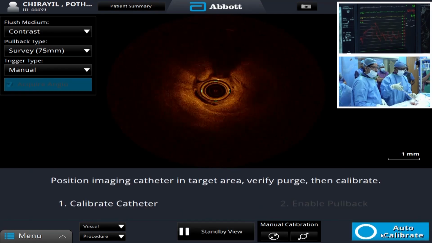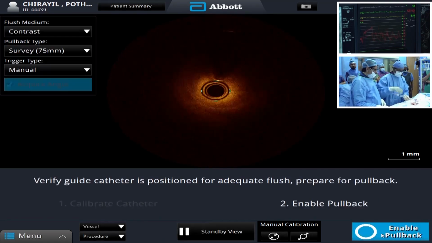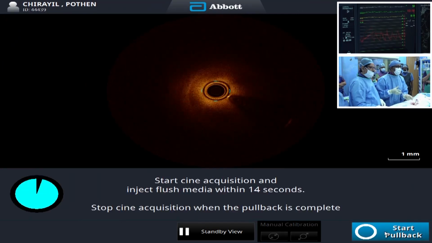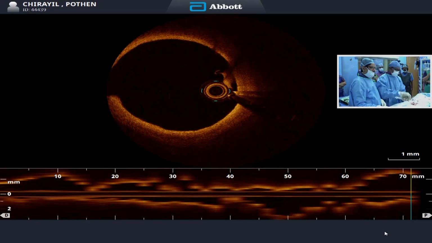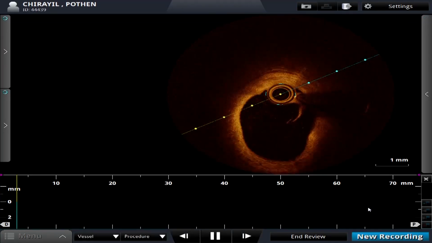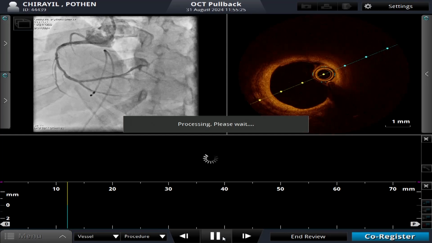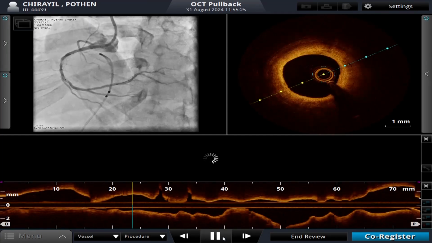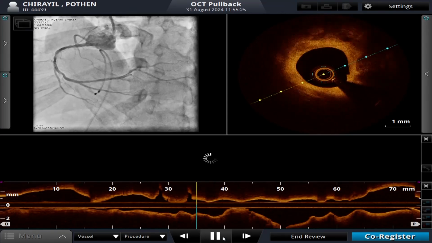Activate. It's always good to wait till the lens goes back to the original position and then take out the catheter. It's gone back to the resting position and now pull it out.